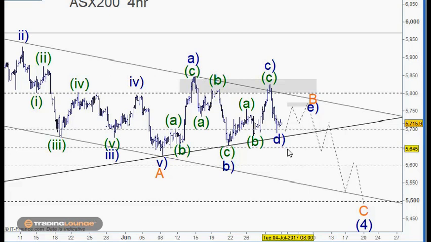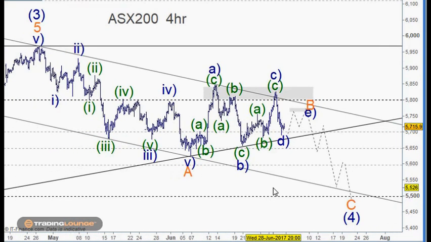That's the main point. So even if it came down to the 5650 area here, there should be some sort of bounce here, and we should be able to work this trend line coming through here too for a setup in here, because that will be retested at some stage as well. So we're getting quite close now, and everything, the triangle pattern is starting to confirm itself. So coming down for this wave 4 here.